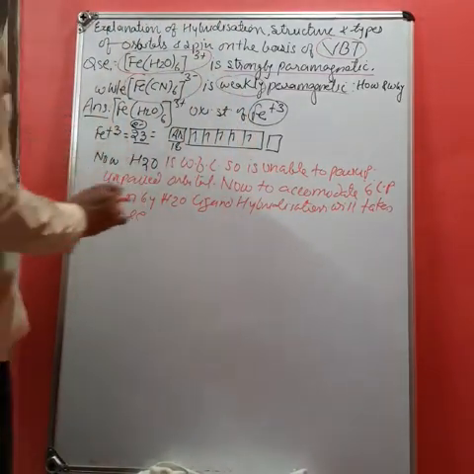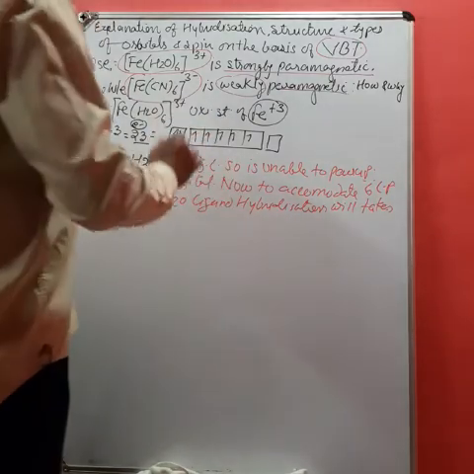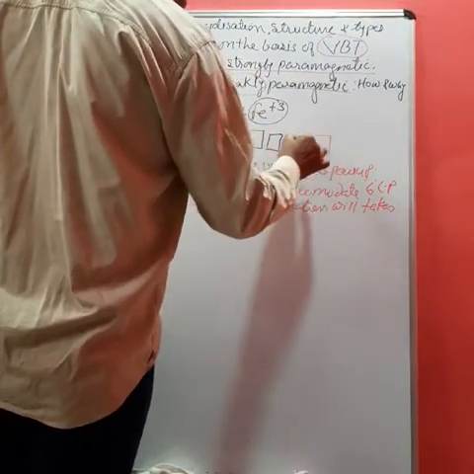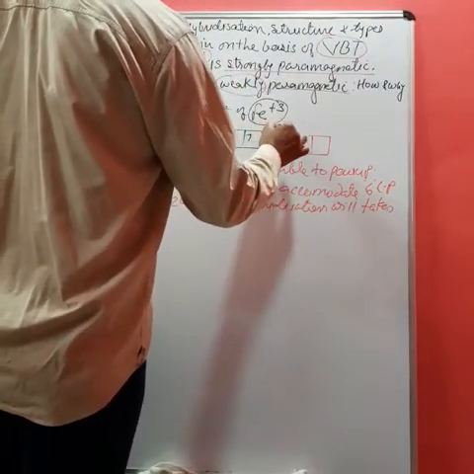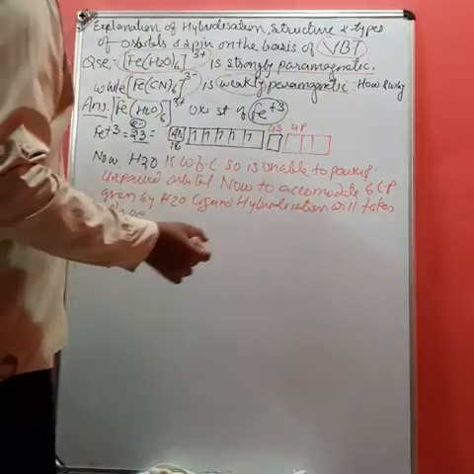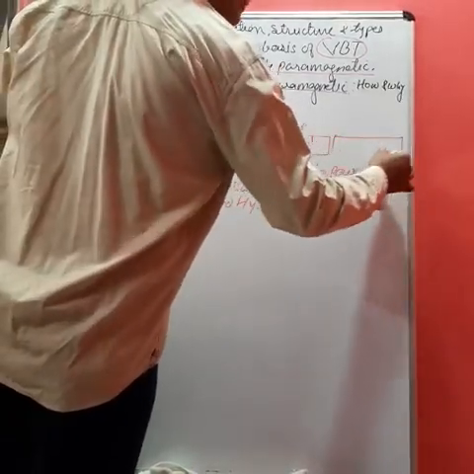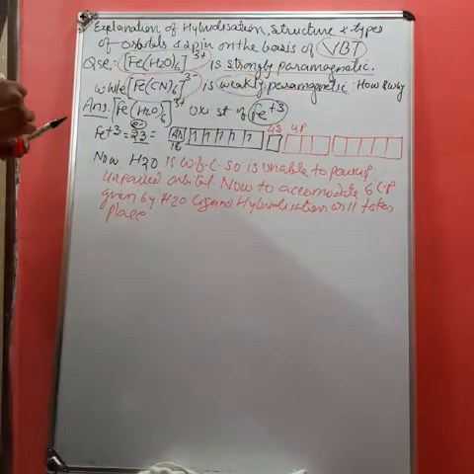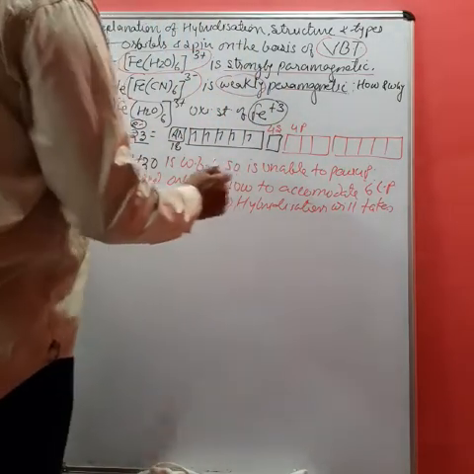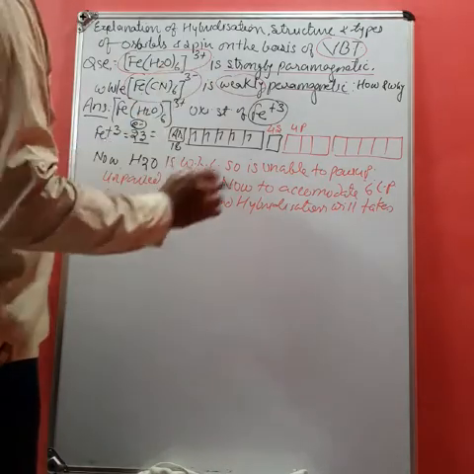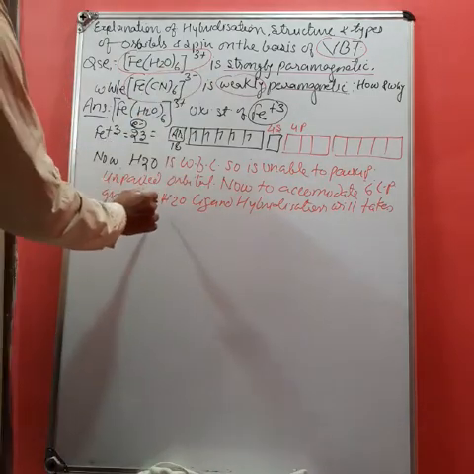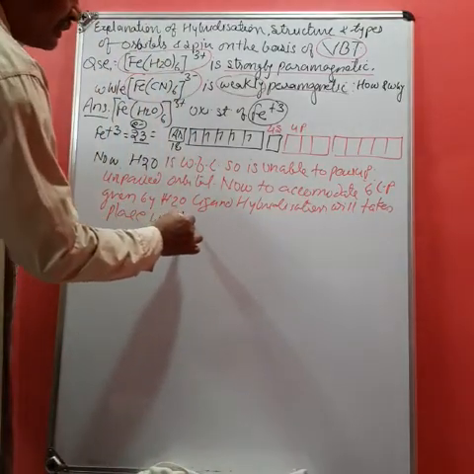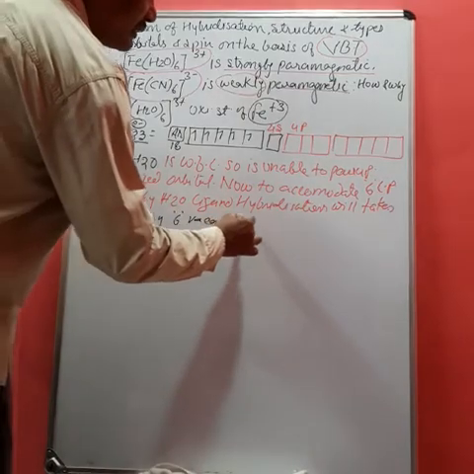How is it? Student, we need 6 vacant orbitals. It has only one vacant orbital. That means, if it belongs to 4s, then there must be 4p orbitals. And if it belongs to 4p, then there must be 4d orbitals. That means now there is a requirement of how many vacant orbitals? 6 vacant orbitals. So hybridization will take place using 6 vacant orbitals.